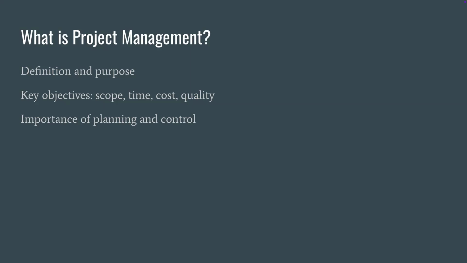The key objectives of project management typically revolve around managing scope, time, cost, and quality. When we talk about scope, we mean ensuring the project includes all the work required and only the work required to complete the project successfully.